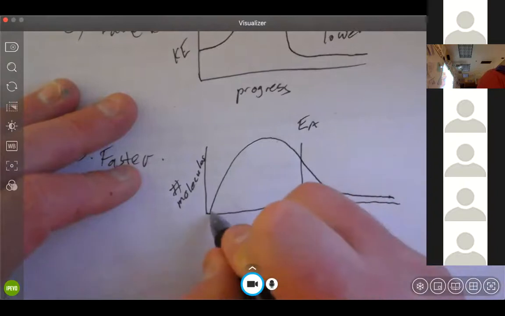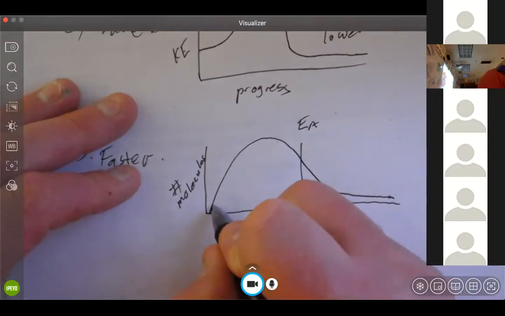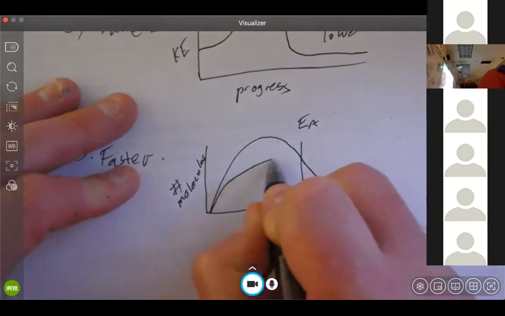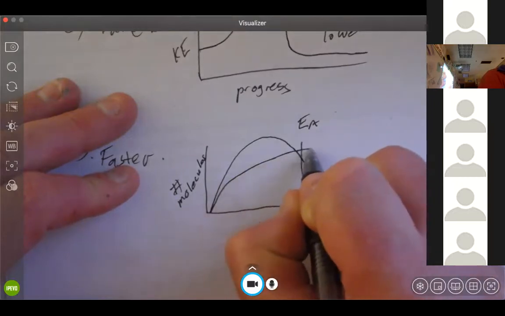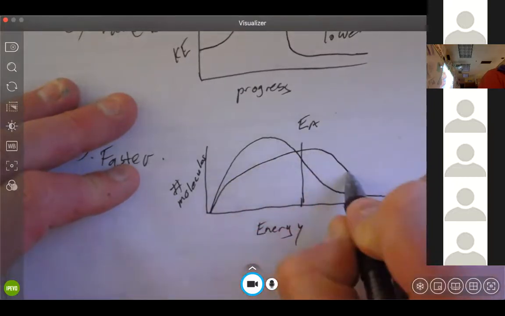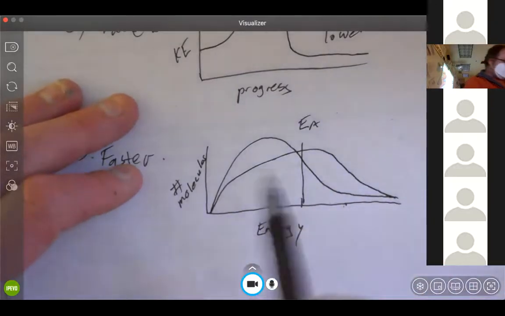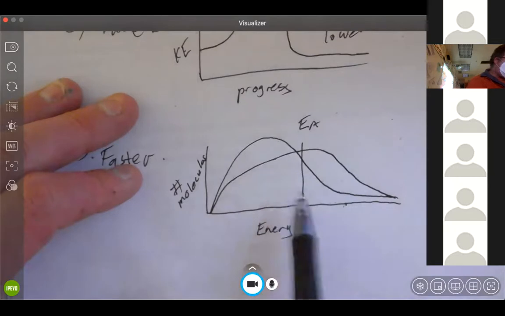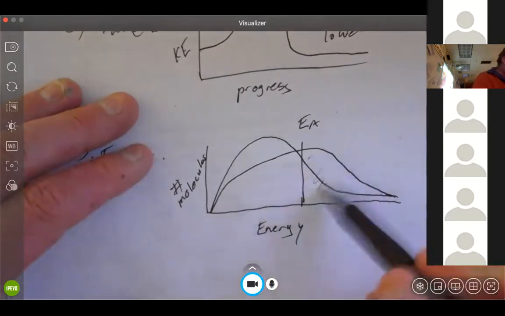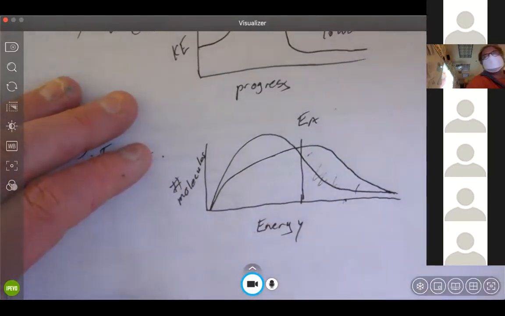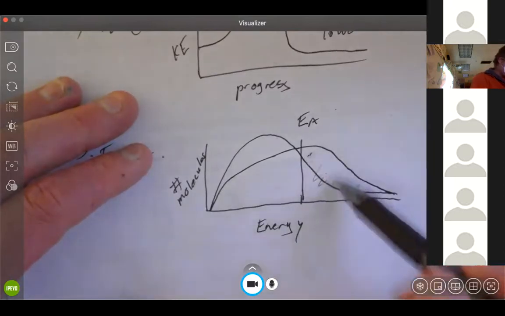So the actual curve itself will flatten out a little quicker, but again, we'll approach infinity there. So the area under here is equal to the area under here, but how many more actually are past the activation energy? More are beyond this barrier, right?